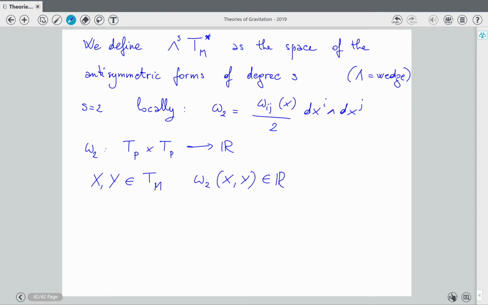What real number? The one that is given by this. It is sufficient to specify how the wedge of the differentials dxi, dxj acts on the pair. Let me use local coordinates as usual, and the components of x and y will be denoted by ai and bi.